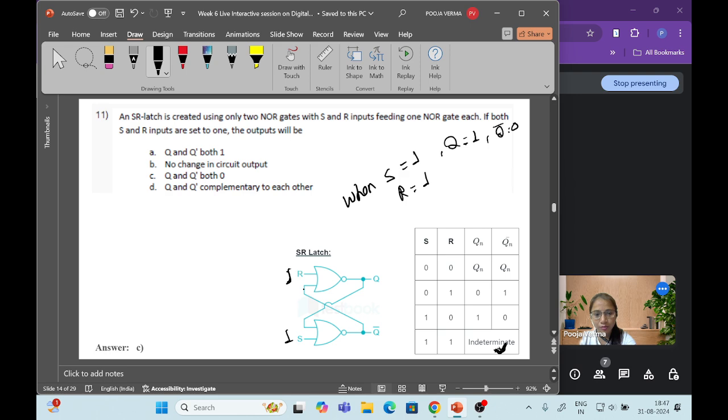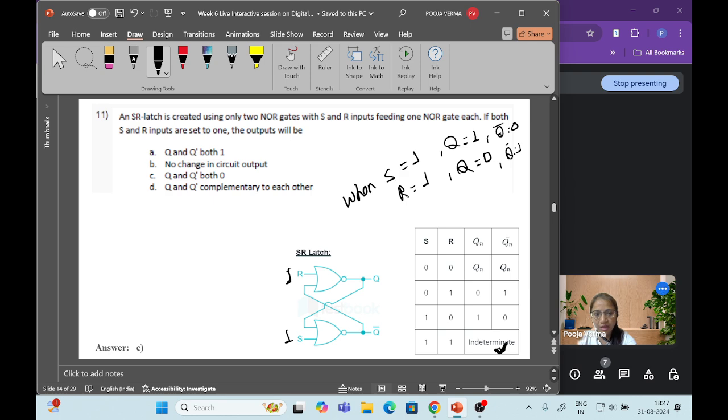So in that case, 1 0, what will be the output? Is 1, right? But R is equal to 1, so what will be Q? 0, and Q dash will be 1.